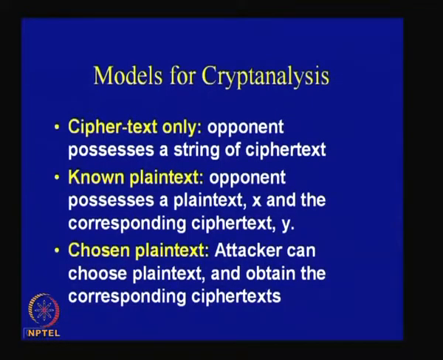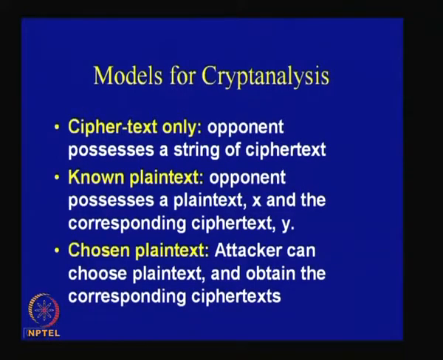Now, this becomes more relevant in context to asymmetric ciphers, where anybody can encrypt, because as we were discussing, in an asymmetric cipher there are two keys. One of them is the public key and the other one is the private key.